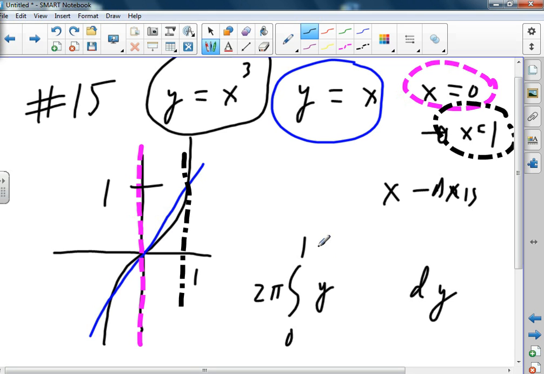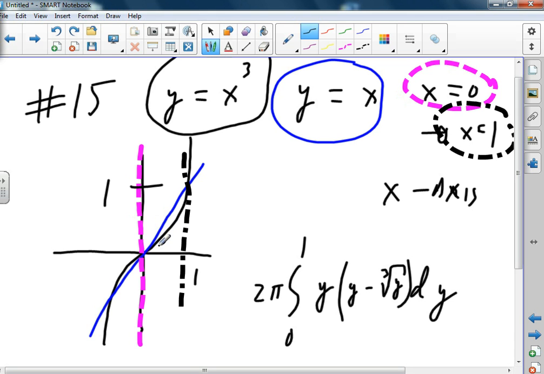That's what the radius is, but the height on this side is y minus the cube root of y. So my height is only between here and here, here and here, here and here. That's how big my height is.